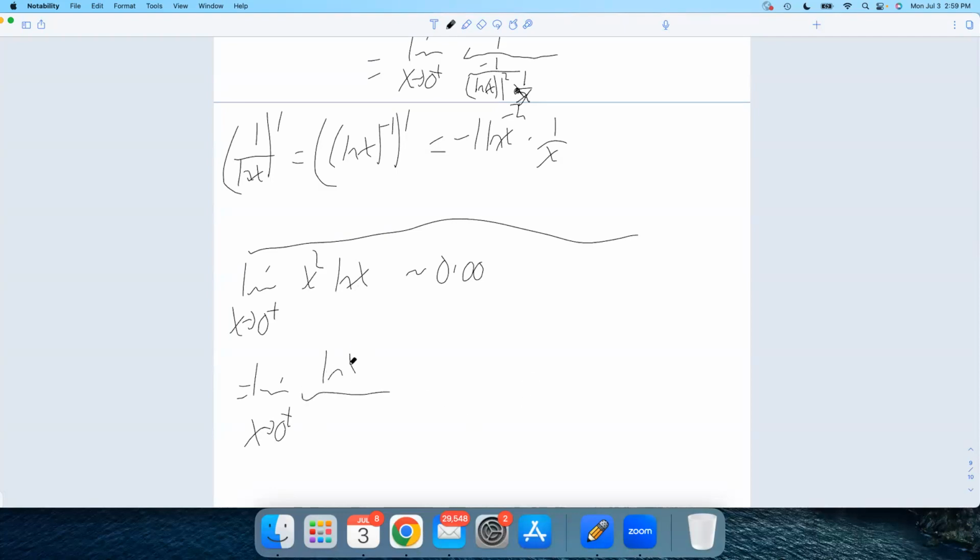Leave the log on top and write x squared as 1 over x squared. All I've done there is written this guy as a fraction of a fraction. Then this is type infinity over infinity.